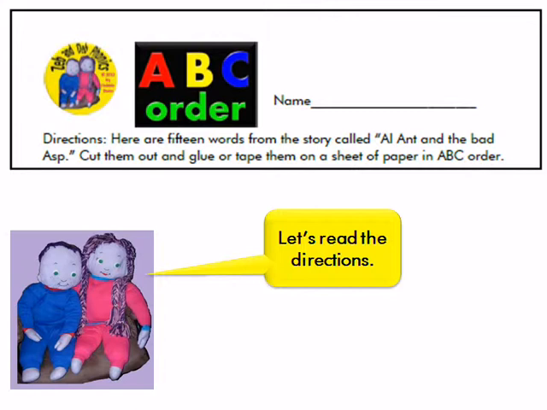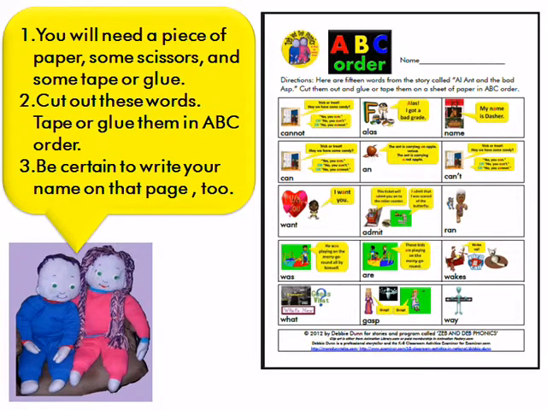Cut them out and glue or tape them on a sheet of paper in ABC order. You will need a piece of paper, some scissors, and some tape or glue. Cut out these words. Tape or glue them in ABC order. Be certain to write your name on that page too. All right, you're ready.